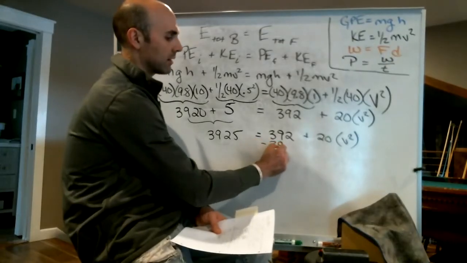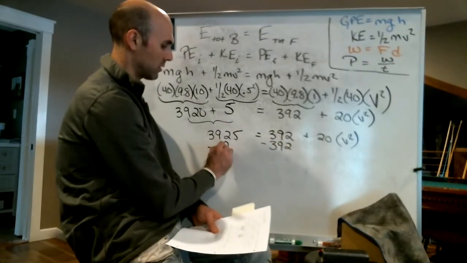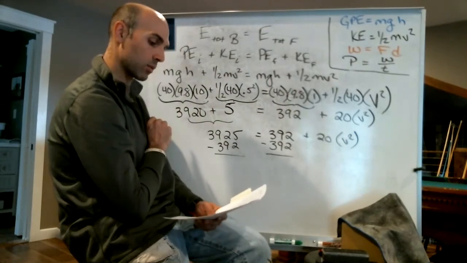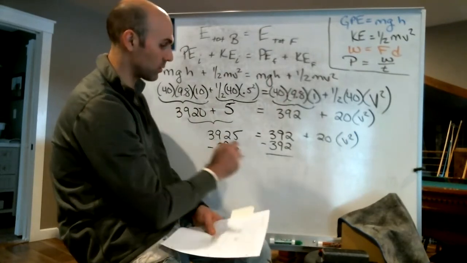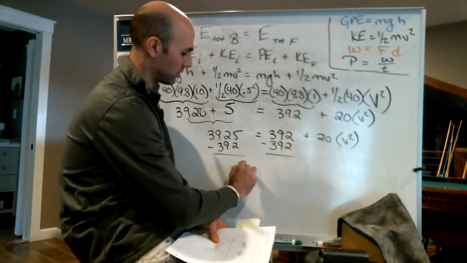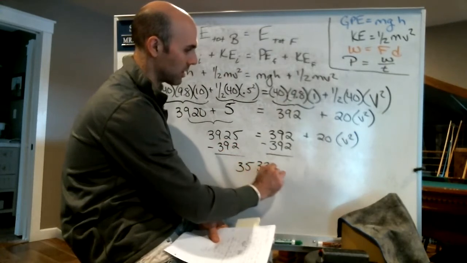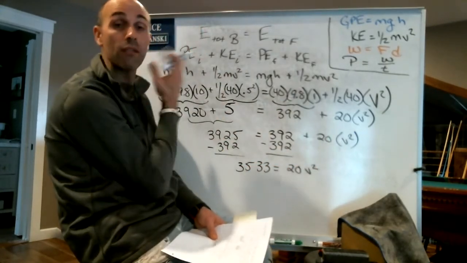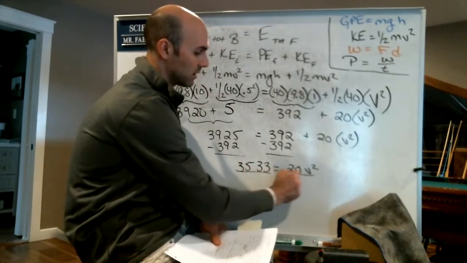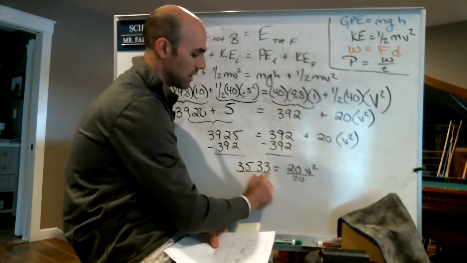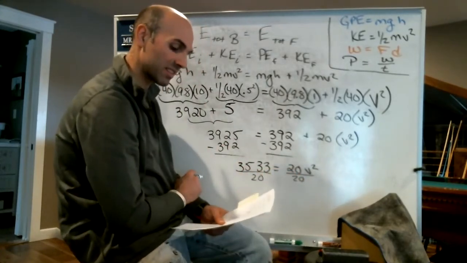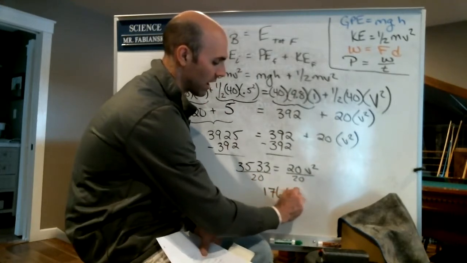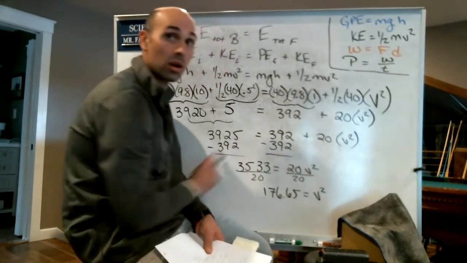Let's subtract this over. And we get 3,533 equals 20 v squared. What do we do now? Very good, we divide. And we get 176.65 equals v squared.